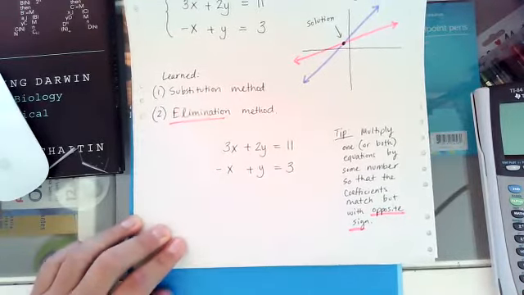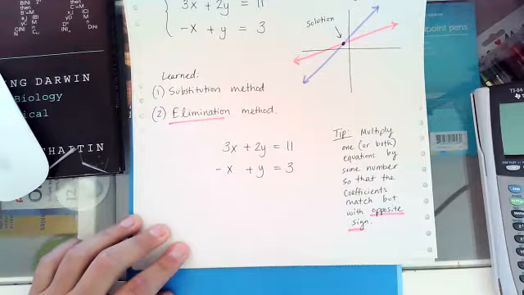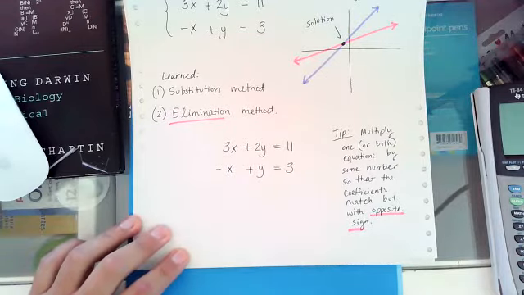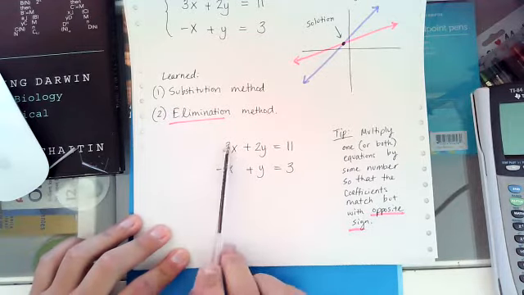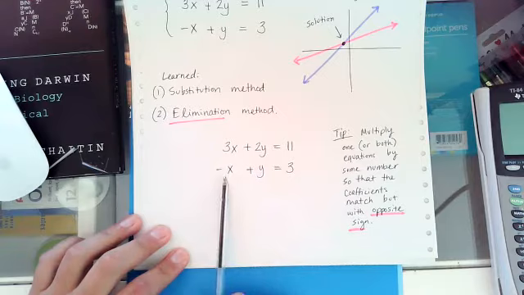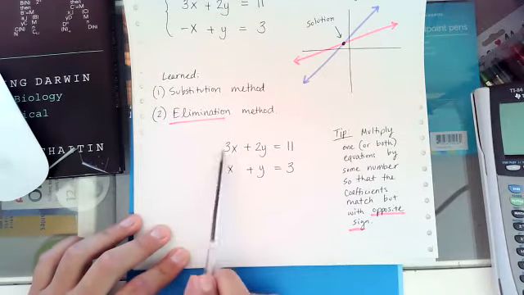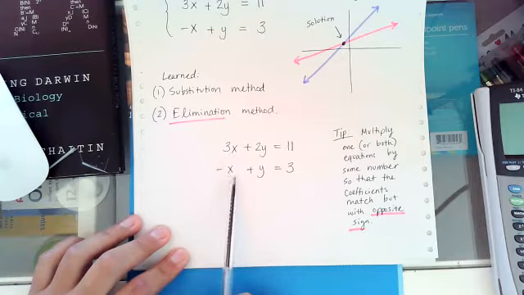So the idea is that we're going to add the two equations together and something is going to eliminate, but they'll only eliminate if I can match these coefficients, or these numbers in front. Like if I wanted to cancel out a positive 3x, I would need a negative 3x here, right? That's if I was focusing on the x's.